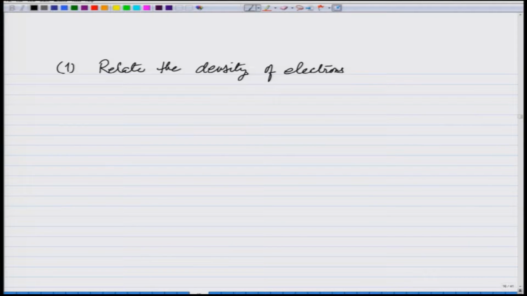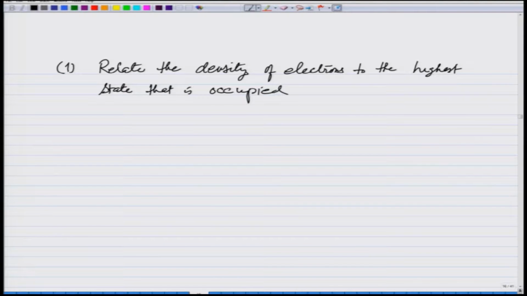So, the very first thing I am going to do is relate the density of electrons to the highest state that is occupied. Let me explain.